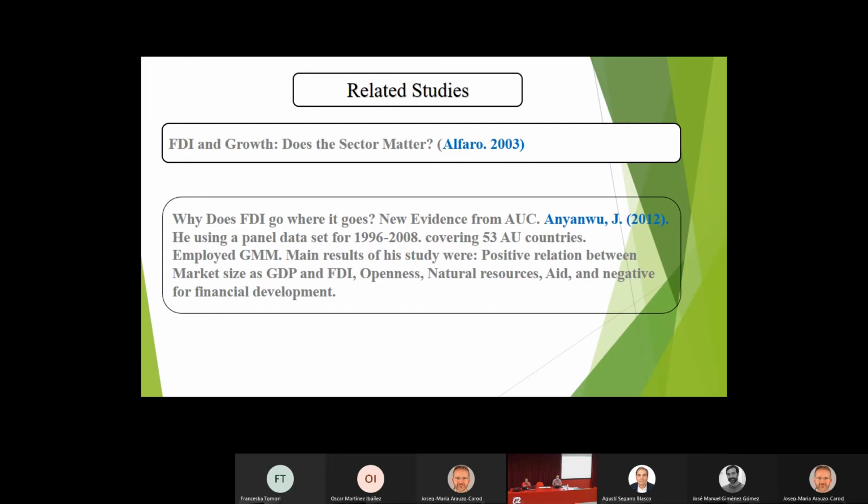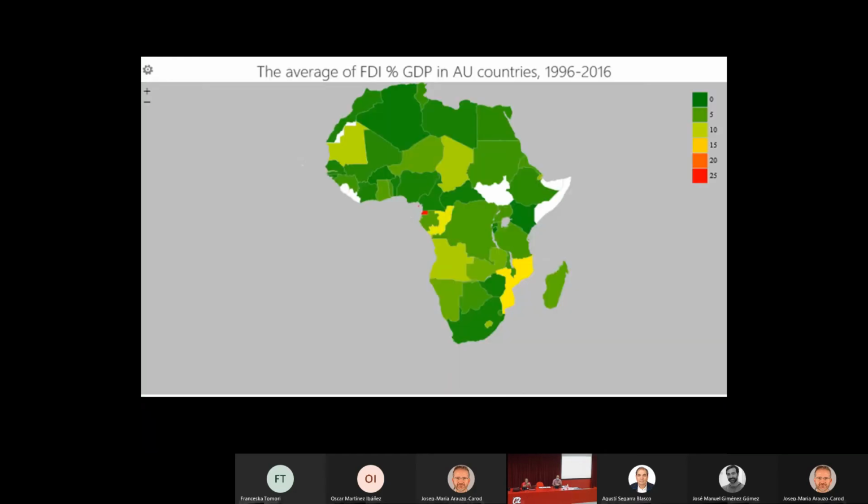He tested 53 countries in Africa before the global economic recession, from 1996 to 2008, using GMM. The main results are positive for market size, GDP, openness and natural resources, and negative for financial development.